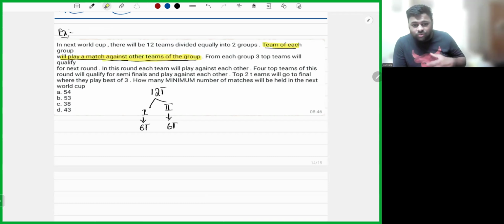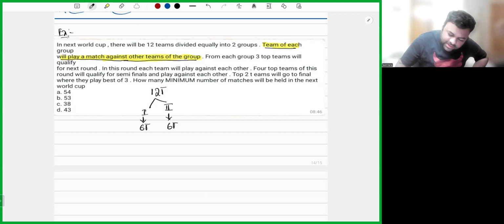So how many teams you need to select to play a match, my dear friends? You need to select 2 teams. To satisfy this condition, team of each group will play a match against other team in the group. So in each group, there will be a match in between.